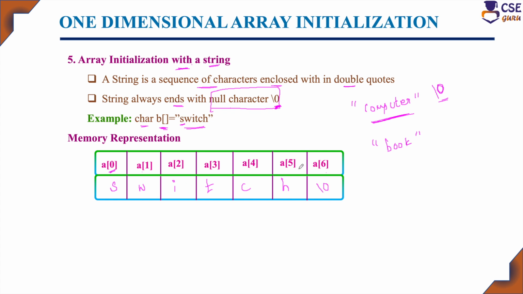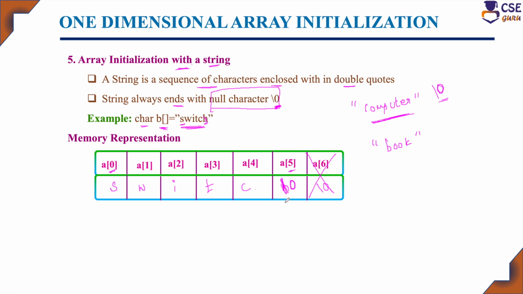Suppose you have allocated only up to a of 5, and the total length of the string is 6. We have allocated only 6 memory locations. In that case, what will it do? It will store the 5 characters, and in the last location it will automatically store the null character. It will skip the last character H, and won't store it because memory is not enough.